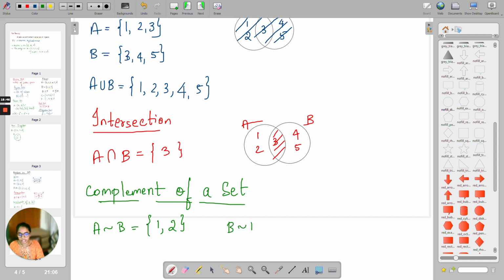B complement A would be 4, 5, right? So if I take the Venn diagram, here, this part would be A complement B, yes, and this part would be B complement A. Agree?